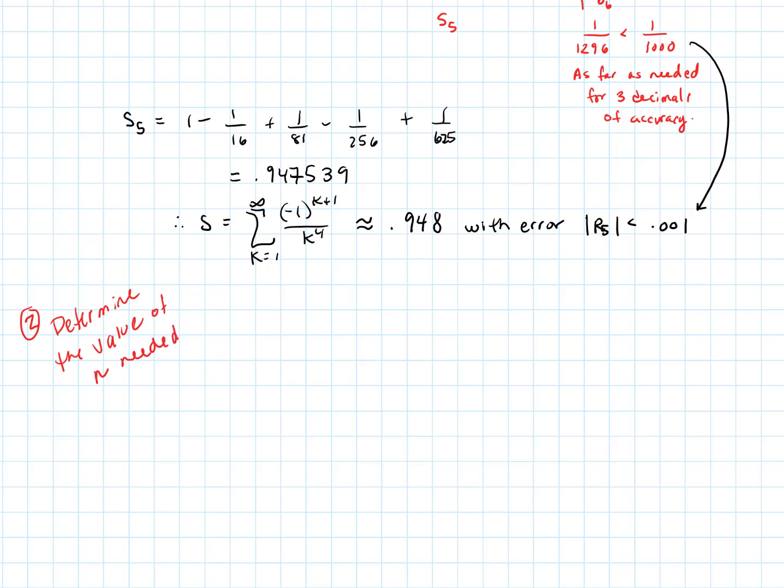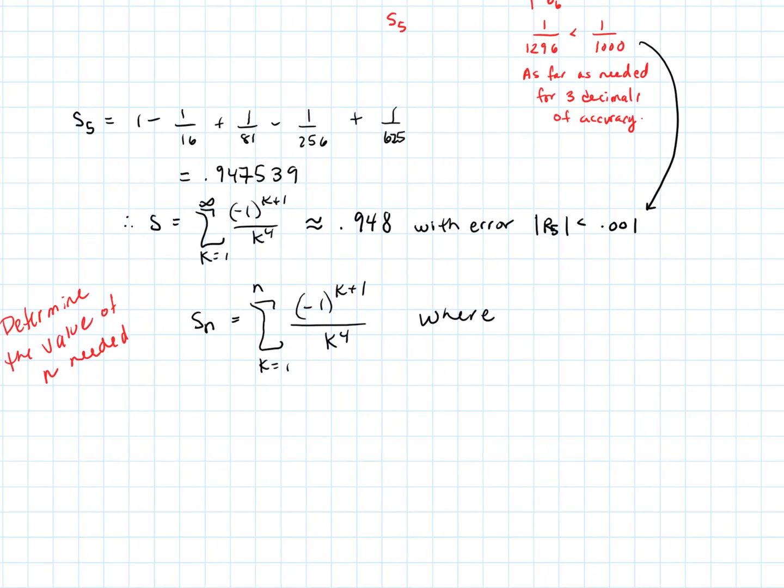If we want S sub n, which is going to be equal to the sum from k equals 1 to n of negative 1 to the k plus 1 over k to the fourth, but this time let's pretend we haven't done the previous part.